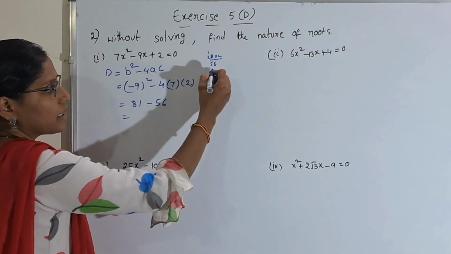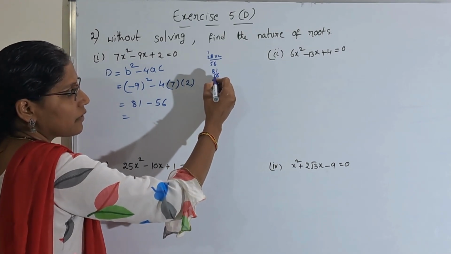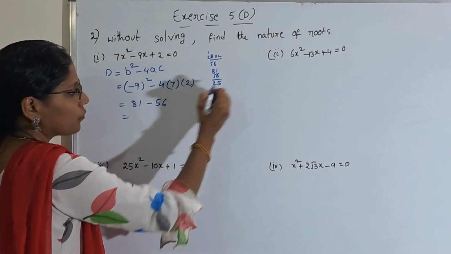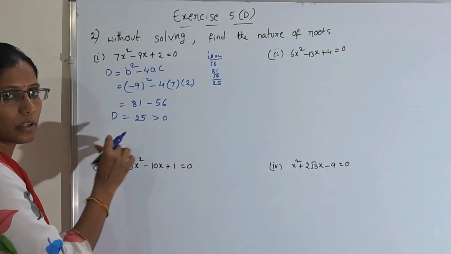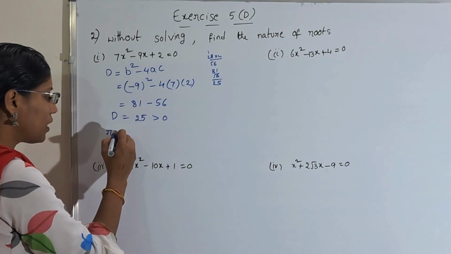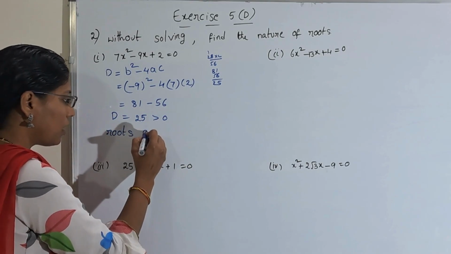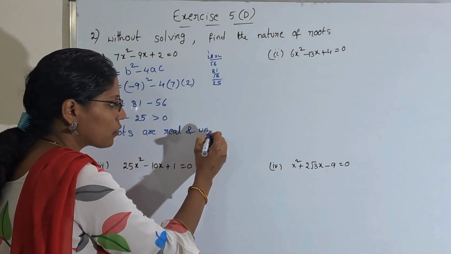Here 81 minus 56 is 25. This is positive, greater than 0. D greater than 0 means what type of roots will come? Roots are real and unequal roots.